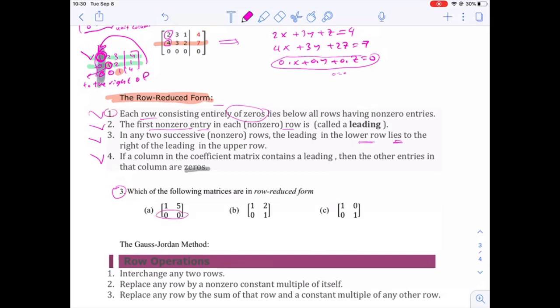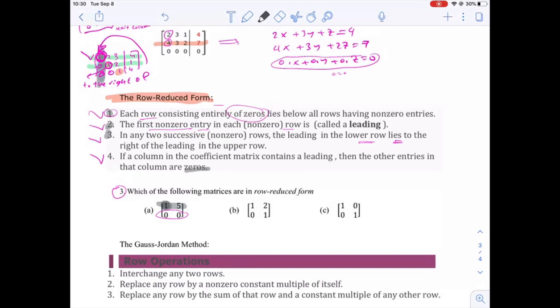So the first condition is satisfied. The second thing is that the first non-zero entry in each non-zero row is 1. As you can see, this is a non-zero row, this is a non-zero row, and the first entry is 1, which means the second condition is satisfied.